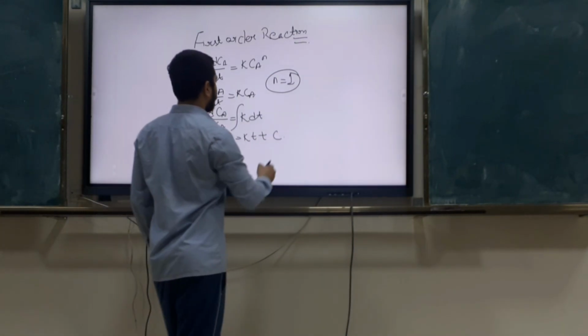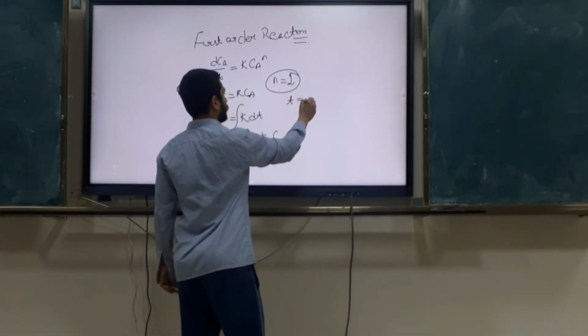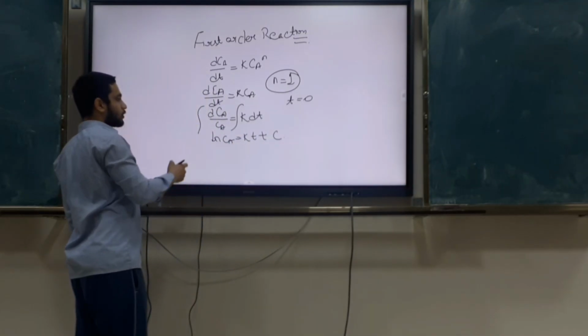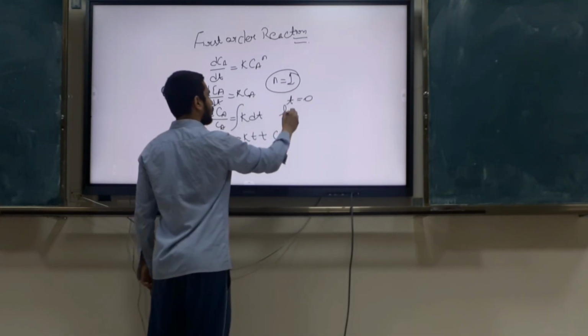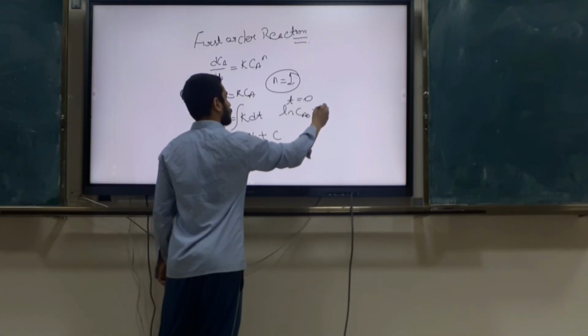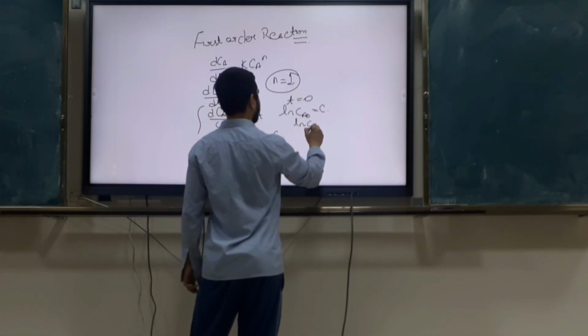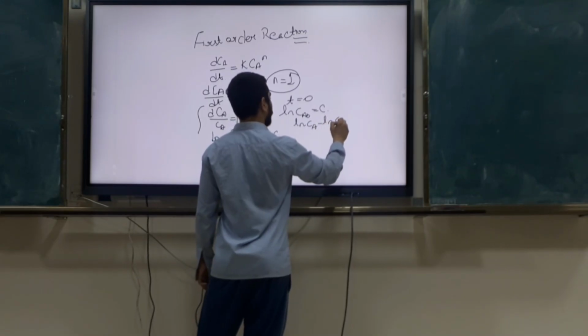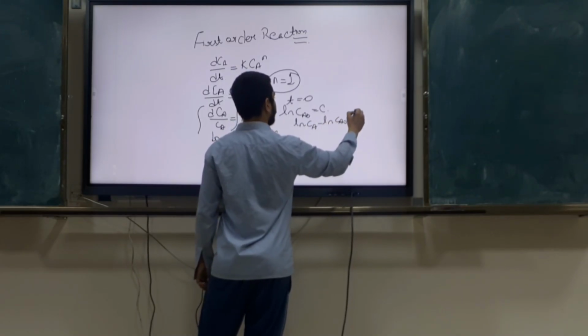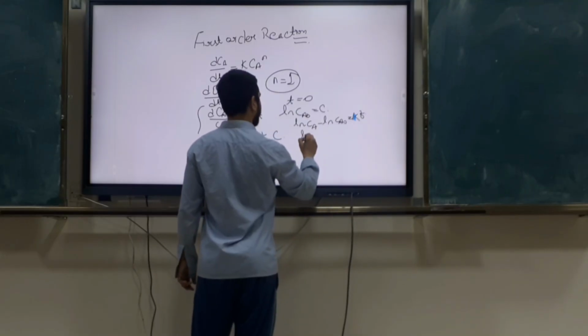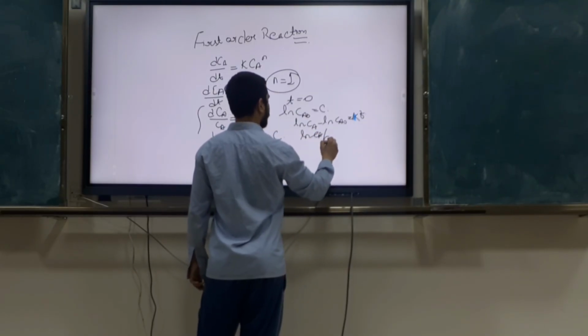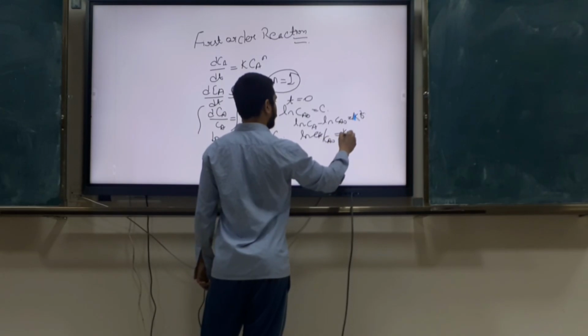We know that at time t is equal to 0, Ca is equal to Ca naught, so ln Ca naught is equal to C. Or this equation becomes ln Ca minus ln Ca naught is equal to Kt, so ln Ca upon Ca naught is equal to Kt.